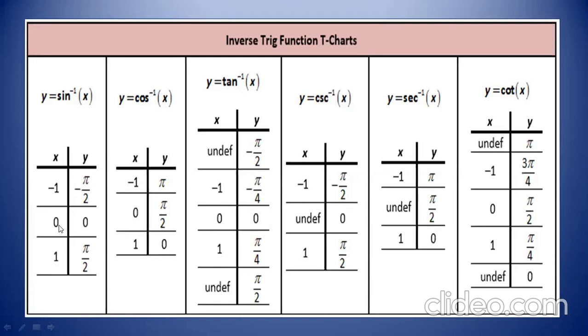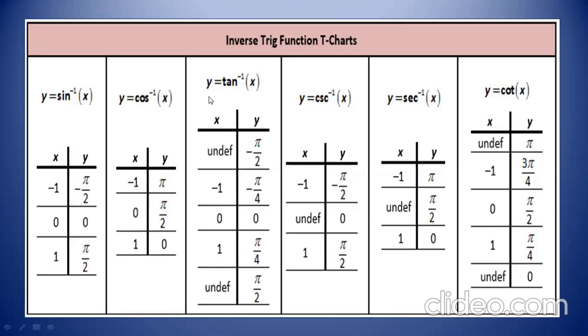So the domain is -1 to 1 and range is -pi by 2 to pi by 2. For cos inverse x, cos pi is -1, cos 0 is 1, and cos pi by 2 is 0. So domain is -1 to 1 and range is the closed interval 0 to pi.